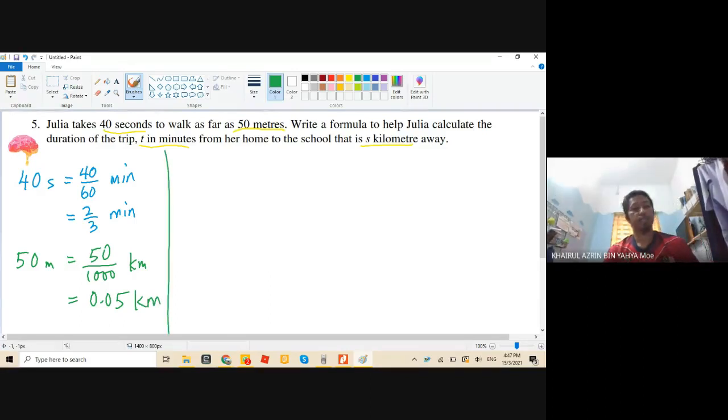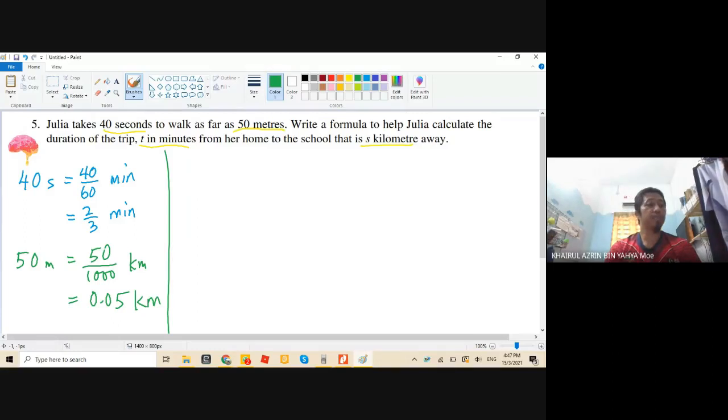That is the conversion. So now we get 40 seconds equals 2/3 minute. I don't want to change to decimal because I would get 0.66666. And 50 meter equals 0.05 kilometer.